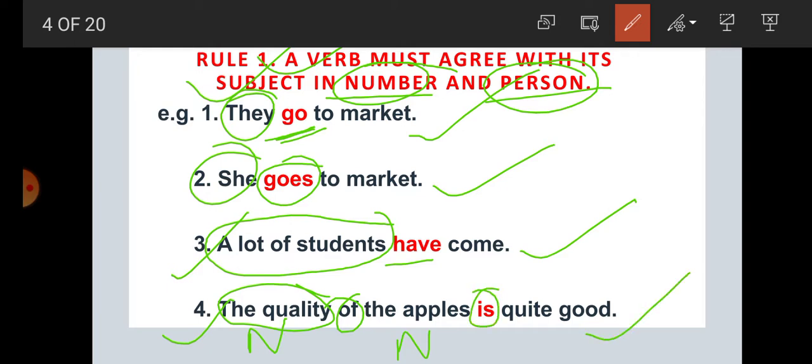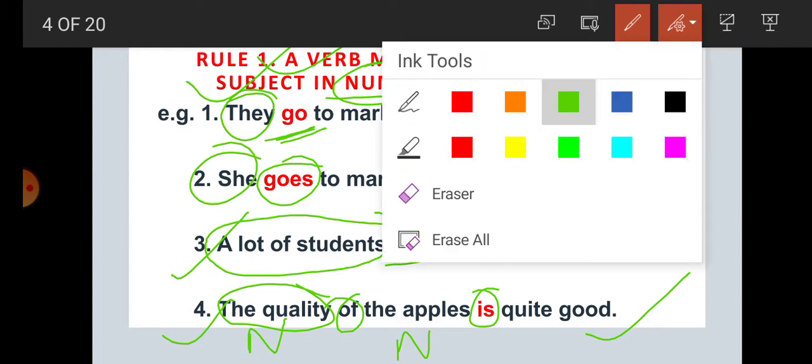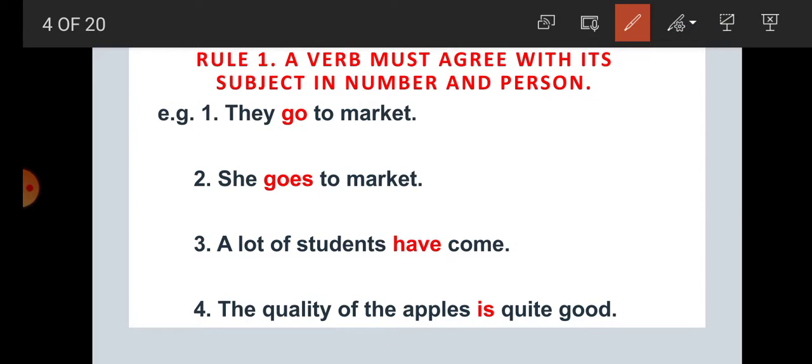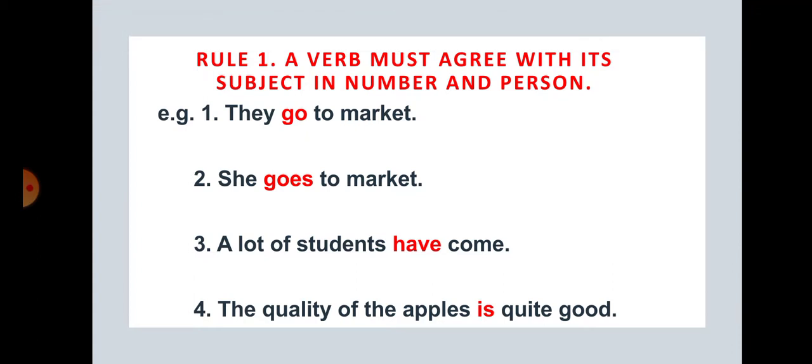So student, in rule number 1 we have got that a verb must agree with its subject in number and person. If the subject is in plural number, the verb must be plural. If the subject is in singular number, then the verb must be singular.